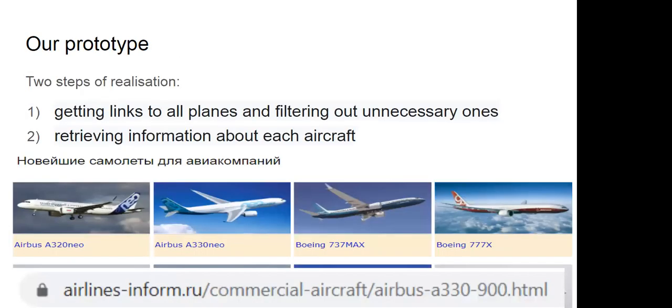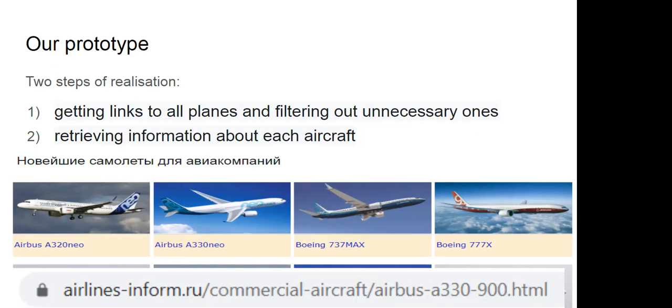And our prototype. The order of information extraction can be structured as follows. First, all external links on the main page are iterated over. All of them that do not contain planes are eliminated and suitable ones are written to a file. Fortunately, as a source of information we chose the site Airlines Inform.